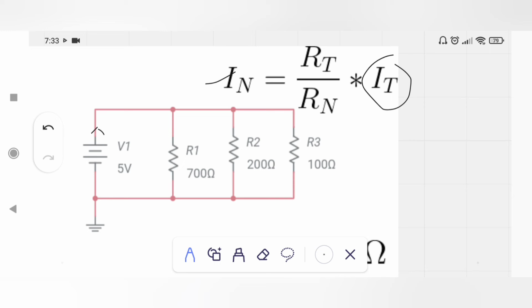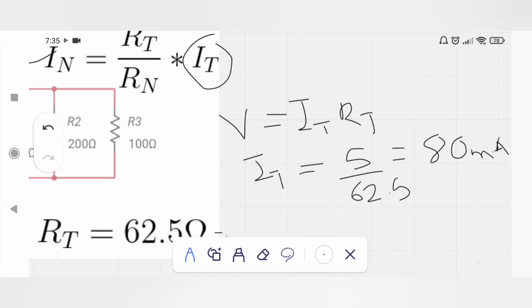With the help of Ohm's law, we will find IT, and the current flowing through each resistor will be found with the current divider method. V is equal to IT RT, and IT is equal to 5 divided by 62.5, and it is calculated as 80 milliampere.